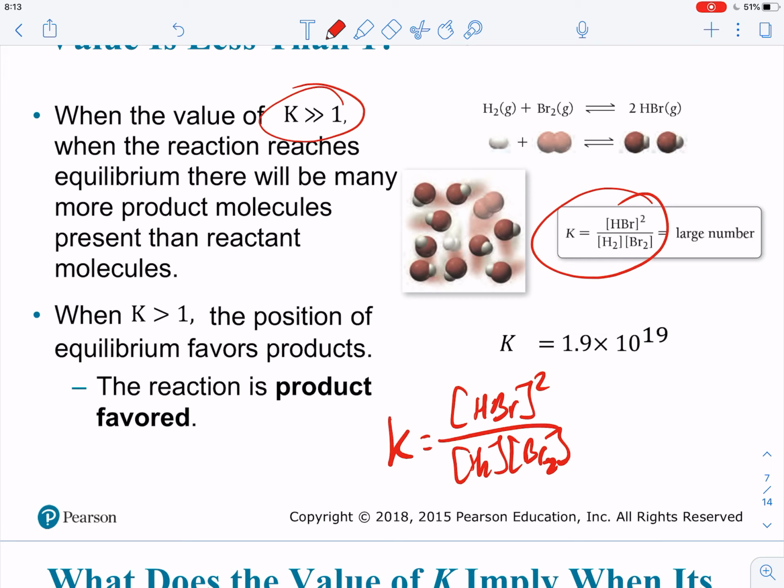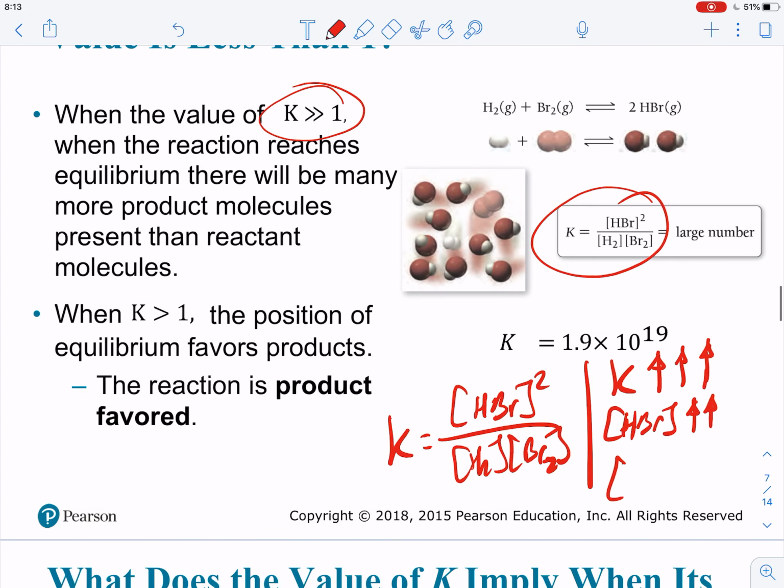So if K is really large, it means that either the concentration of HBr, and remember HBr is the product, is very large, or the concentration of H2 and Br2 is really small.